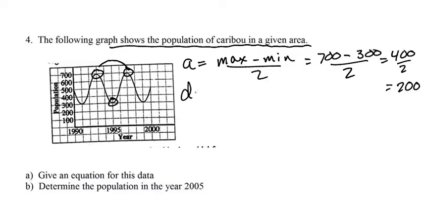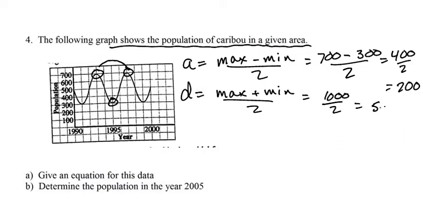The D value, I can see that it's 500, but if you couldn't, you could also go max plus min over 2, or 700 plus 300, which is 1,000 over 2, or 500. So we have an A value of 200 and a D value of 500.